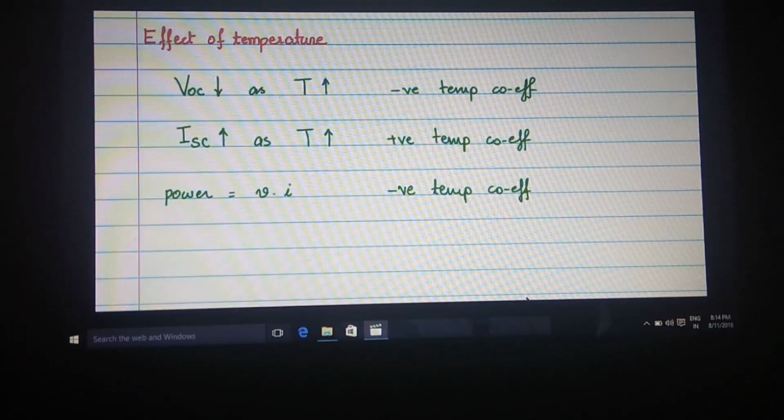This would imply that Pm would decrease as temperature increases. So these are the main effects that you would see on the PV cell parameters due to variation in temperature.